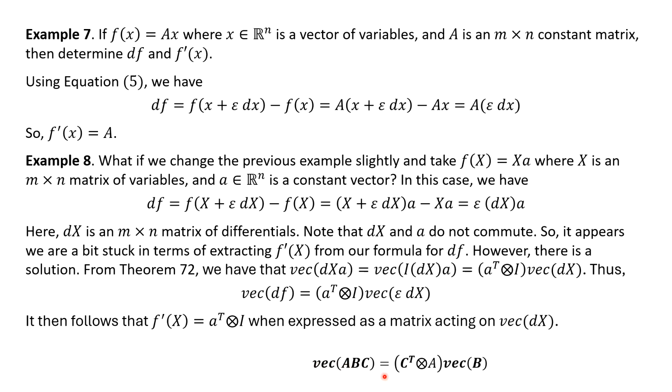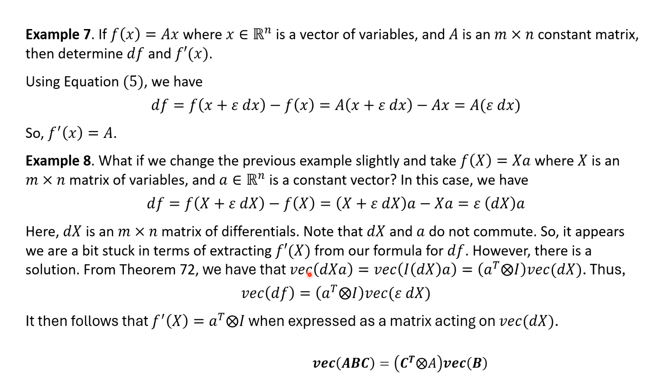We have an equation from Theorem 72, which I've copied down for you here. The vectorization of ABC. These are matrices, although C could be a column vector, which is the case we have here. It equals this, and you notice this shifts things around in the direction that we need to solve our problem.